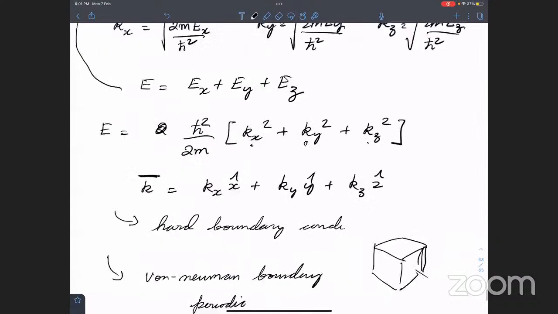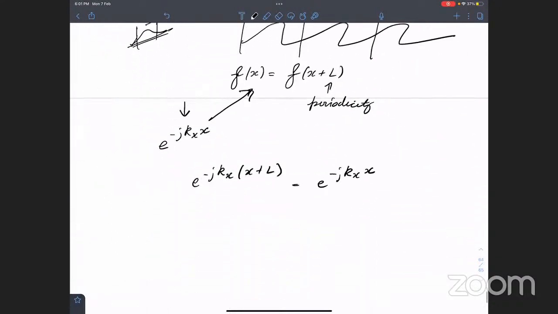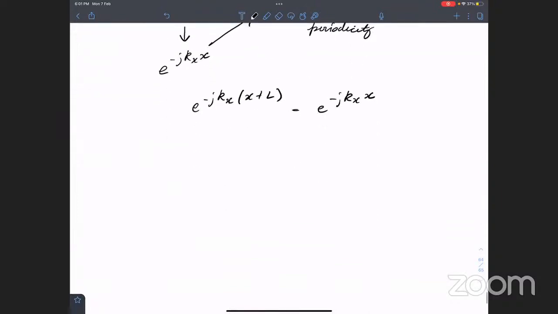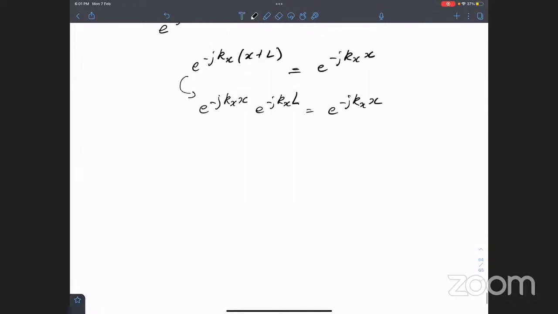The only way I can make this wave function periodic is if I ask it to satisfy this particular condition. Now let us see what this condition entails. I can break this down: e to the power minus j kx x times e to the power minus j kx L is equal to e to the power minus j kx x. So this condition entails that e to the power minus j kx L is equal to 1.